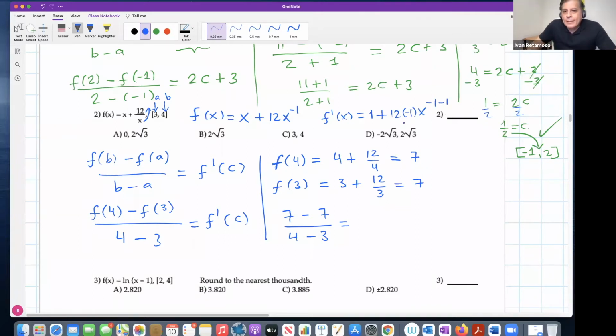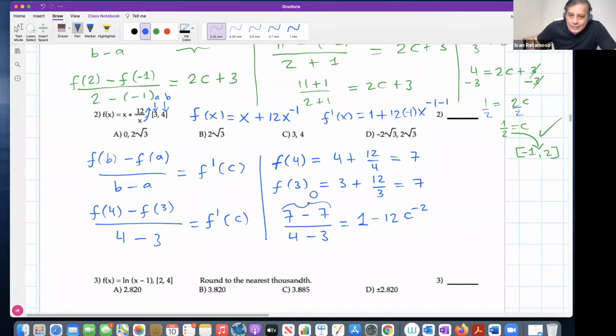You follow it? But that has to be evaluated at c. So I'm going to write 1 plus, and minus. Minus 12, but with c instead of x, because the derivative must be related to c, minus 1, minus 2. There we go.